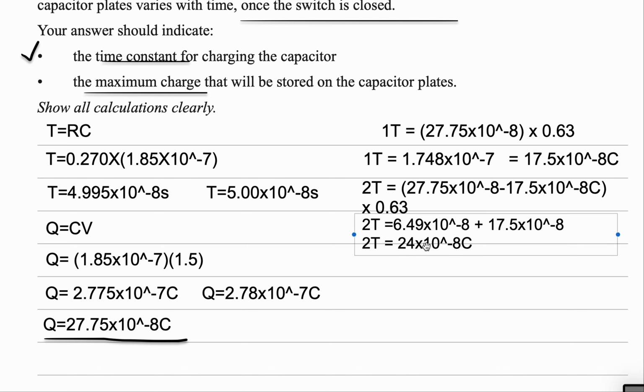What we get within the brackets, times that value, is 6.49 times 10 to the power of negative 8. We then add that onto the existing value of 17.5, which gives us 24 times 10 to the power of negative 8 coulombs.